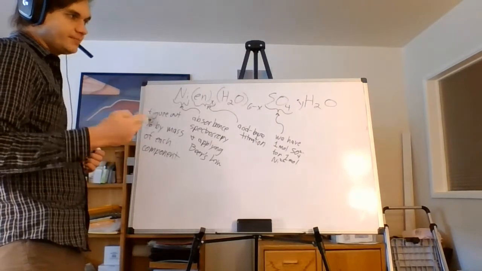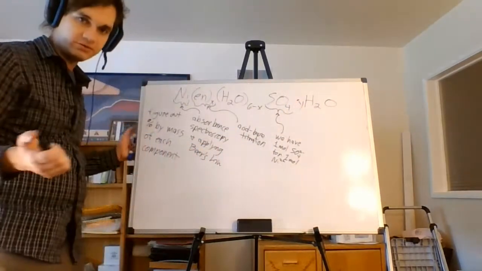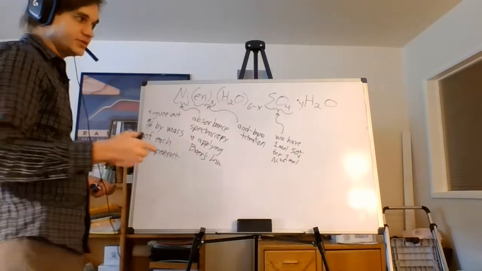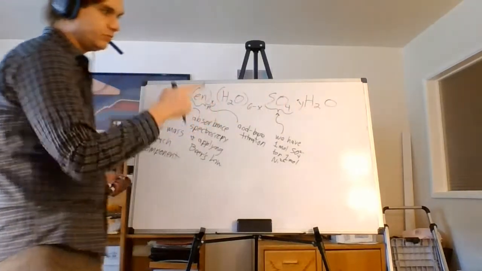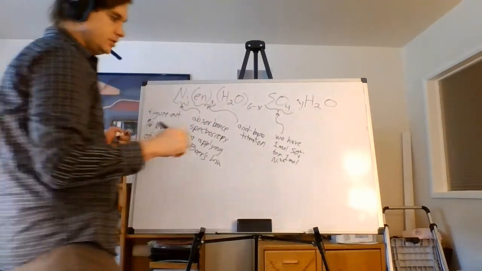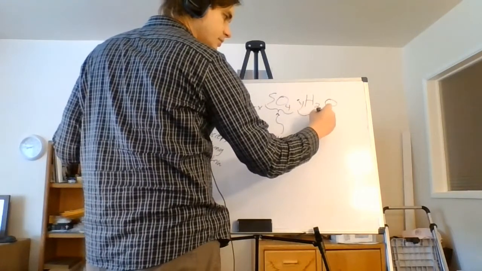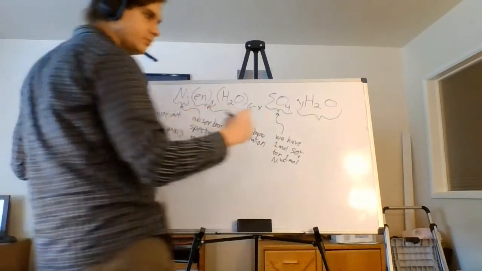And then finally, for the waters of hydration, now this y here is a coefficient. It's just like the x. The x is standing in for a whole number that goes there. The y is standing in for a different whole number that goes there. So for the waters of hydration, figuring them out is fairly simple.